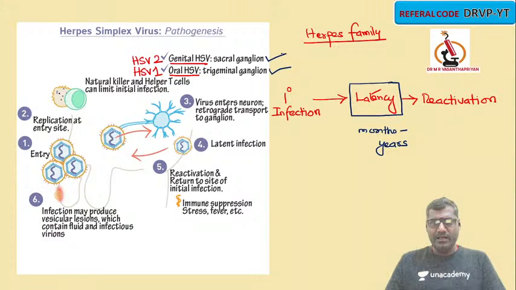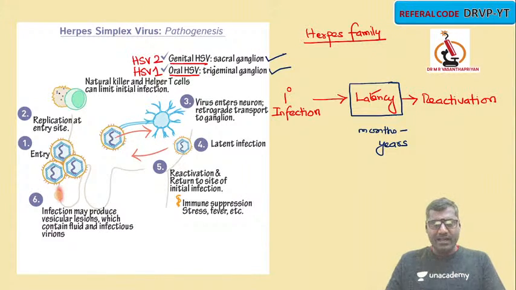So HSV1 is the trigeminal ganglion, HSV2 is the sacral ganglion, where the virus takes the latent period. After latency of years, the virus reactivates from the ganglionic site into its dermatomal distribution, from the trigeminal ganglion and the sacral ganglion.